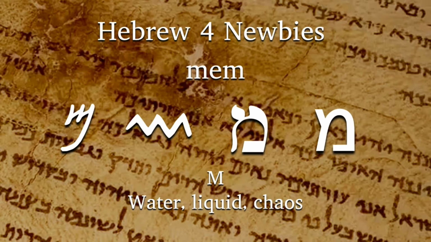Now chaos, why would water represent chaos? Some translations even translate the word sea as chaos. So where do you find a lot of water? In the sea or the ocean, right? Why would the sea or ocean represent chaos? Well, first of all, storms blow off from the sea.